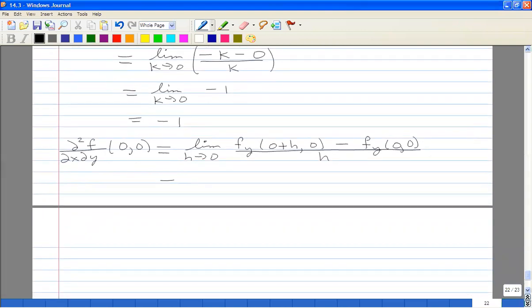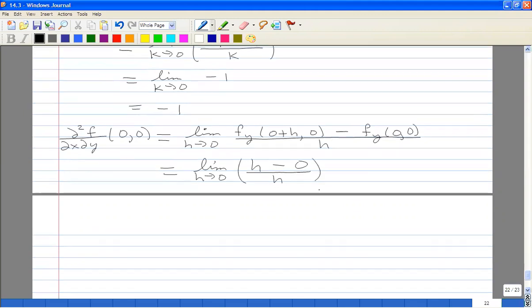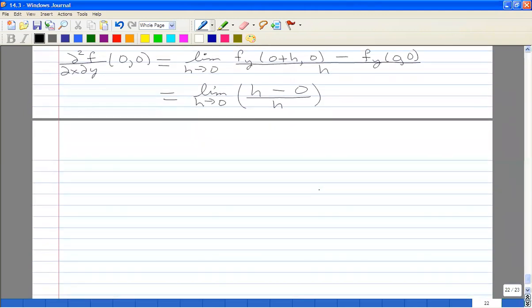So this is equal to the limit as h approaches 0, but I've shown the partial with respect to y at x, 0, is just x. And so this is just h. And therefore this is just 0 over h. And so I get the limit as h approaches 0 of h over h is 1. So this limit is 1.